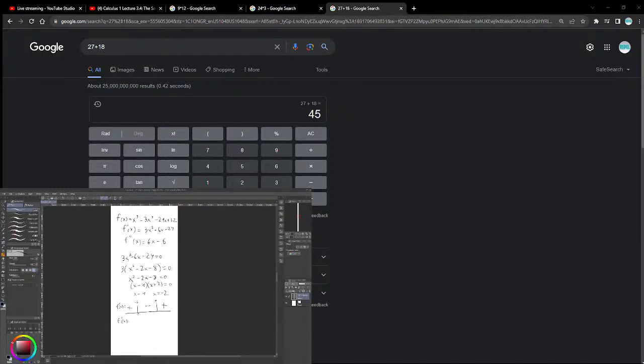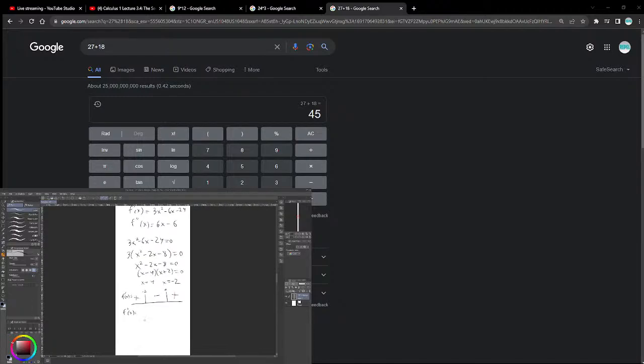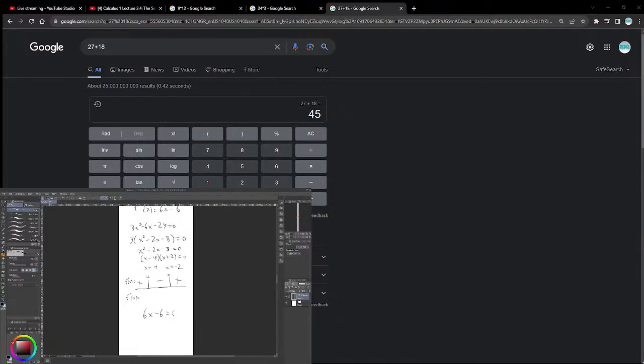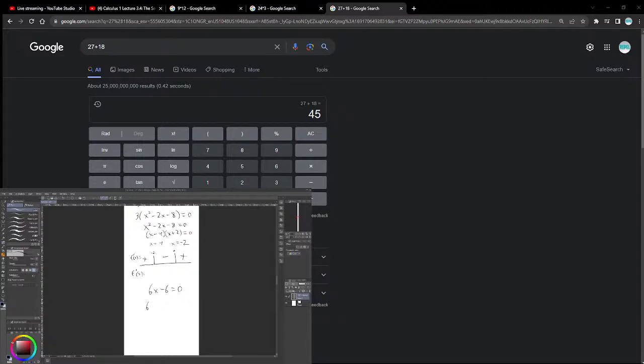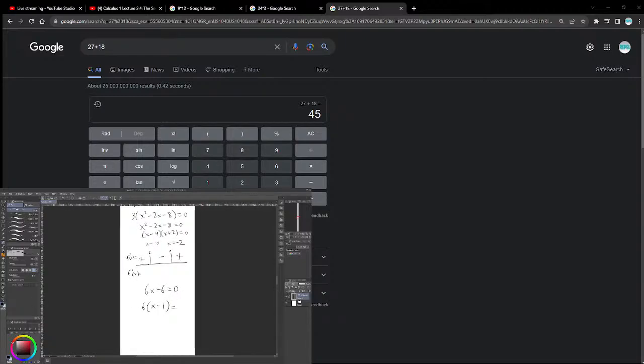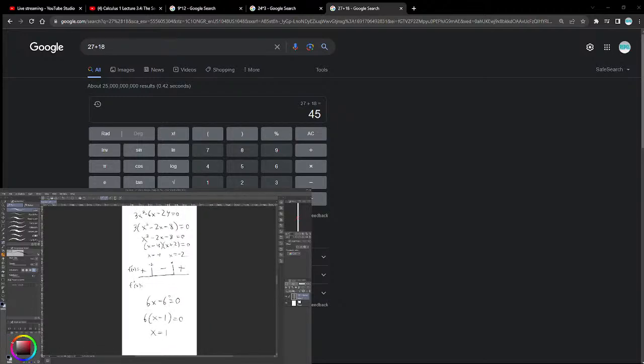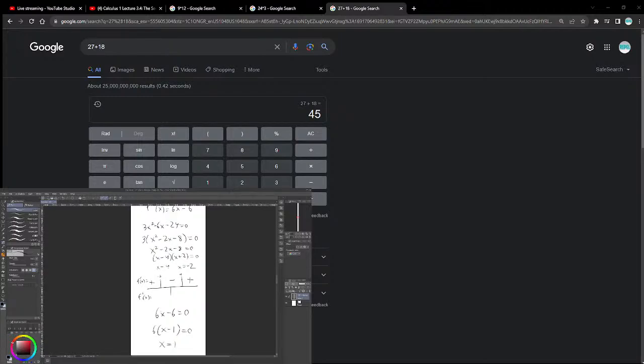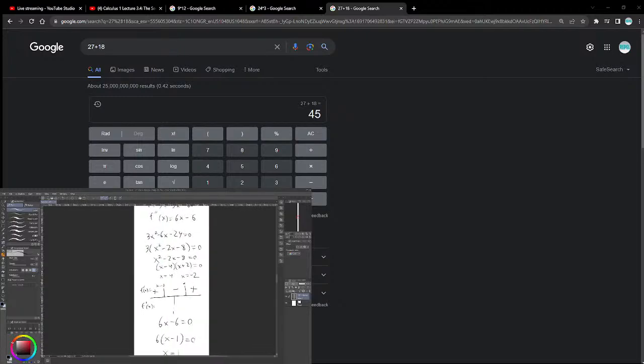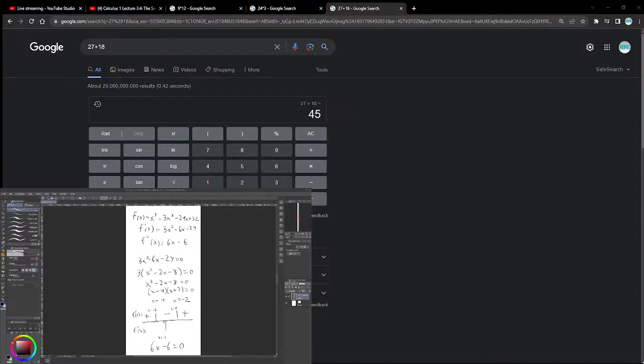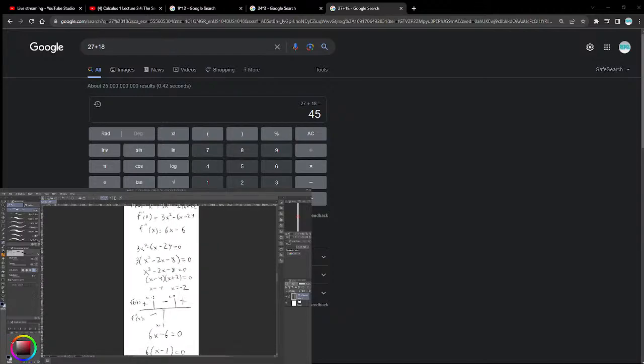Okay, and then 6x minus 6 equals 0. Okay, we get one possible inflection point at 1. Plug in a 0, negative 6, it's a negative.